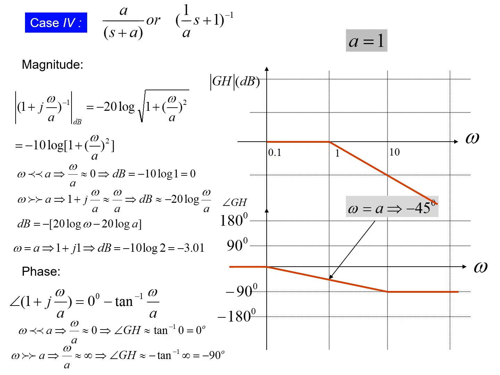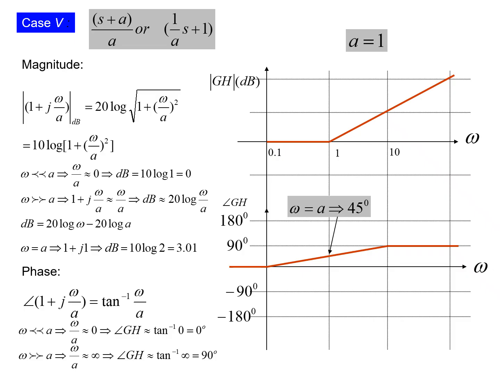This is the mechanism. This first one is for omega less than a, this is for omega equal to a, and this is for omega more than a.